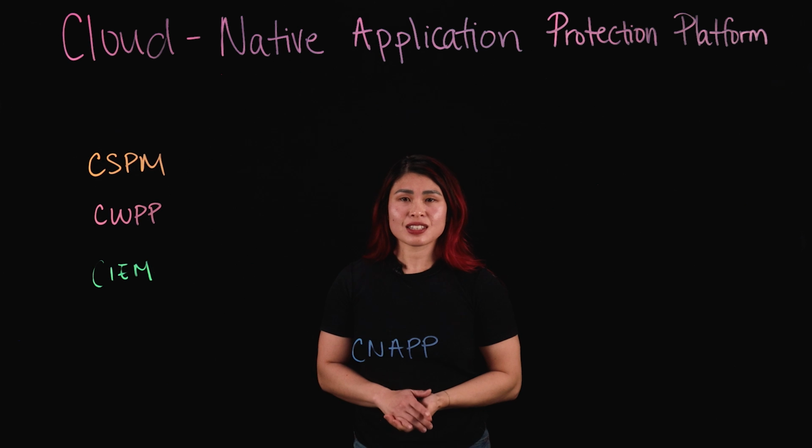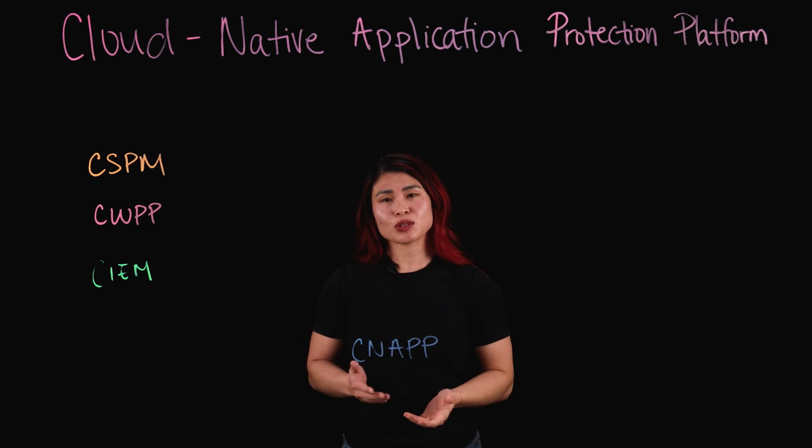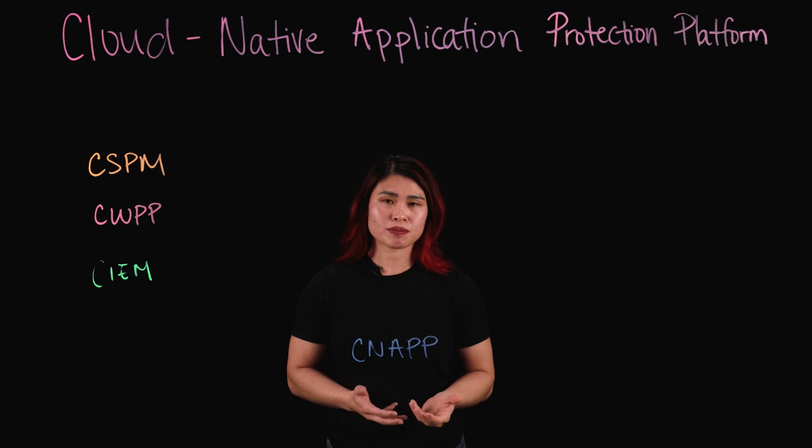To start, CSPM is Cloud Security Posture Management. And with this type of security solution, it generally provides the ability to continuously monitor your cloud infrastructure environments and data, and be able to offer configuration management across these types of environments.